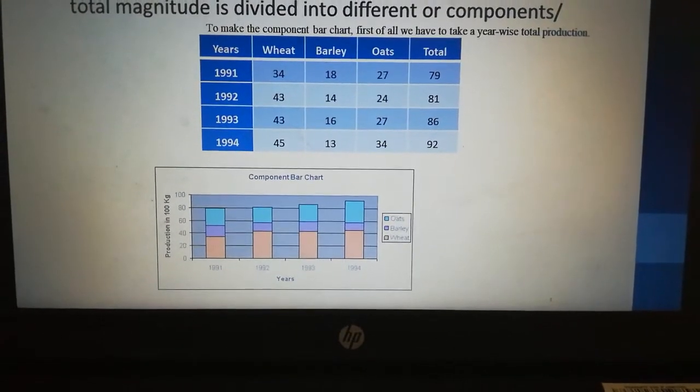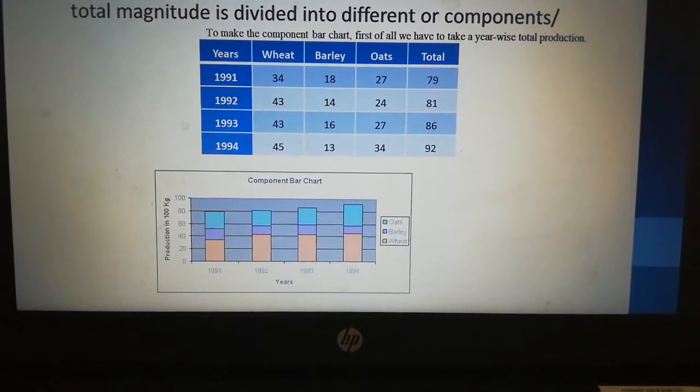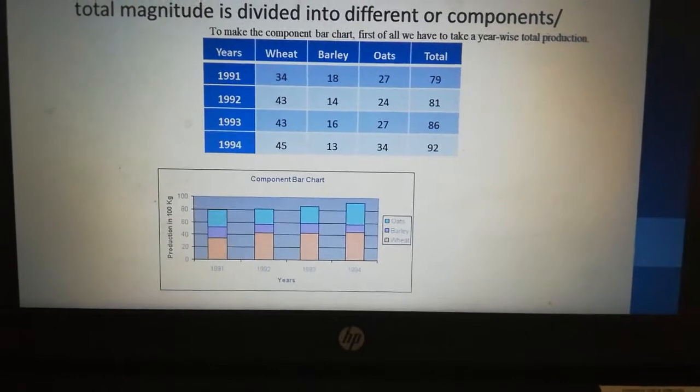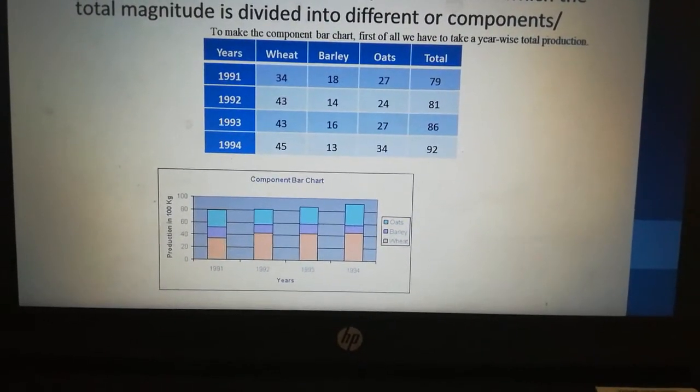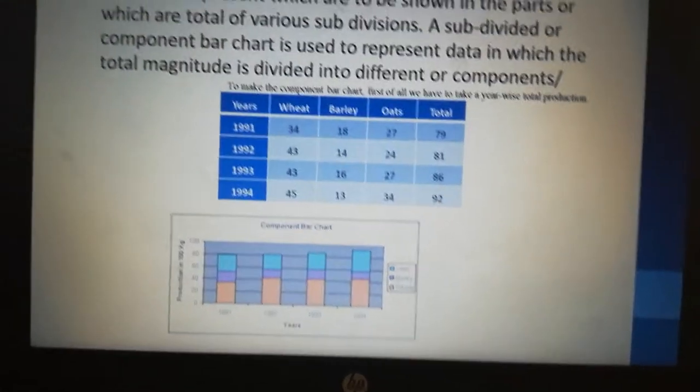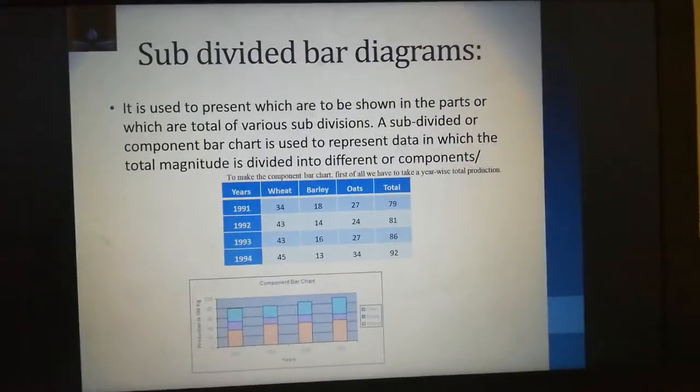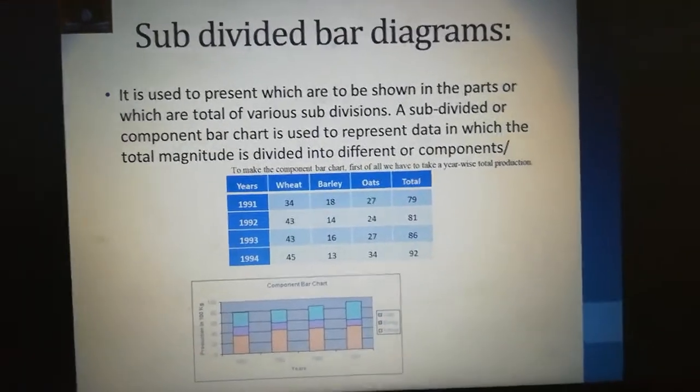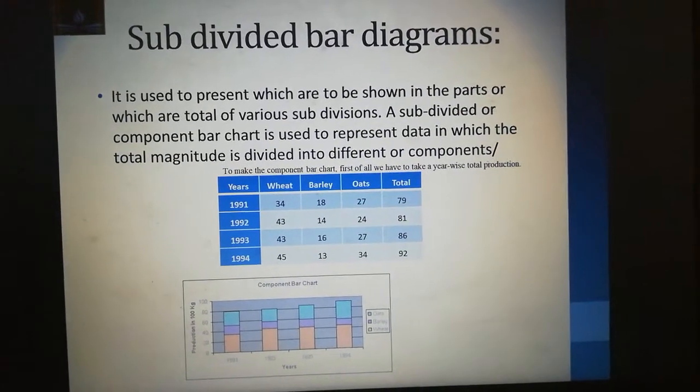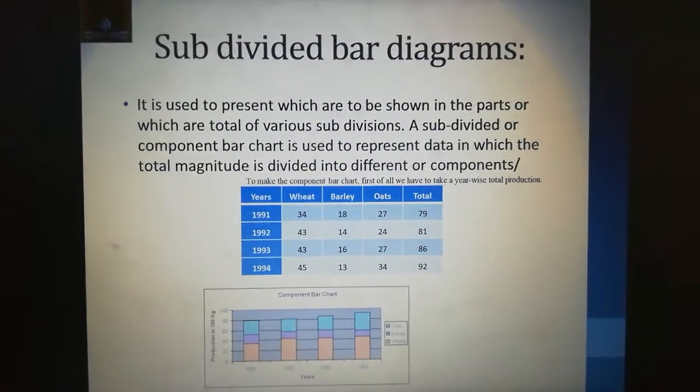And when it comes to 94, it is reaching 92. So each component is shown. Subdivided bar diagram is otherwise known as the component bar diagram. In the bar itself, each component is represented.